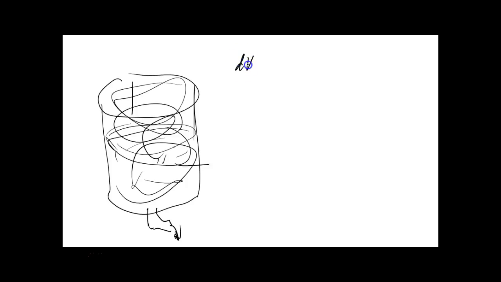The time rate of change of the volume is equal to minus a sub h times the square root of 2gh. Okay? Now, what's your a sub h? It is the area of the hole of the tank.